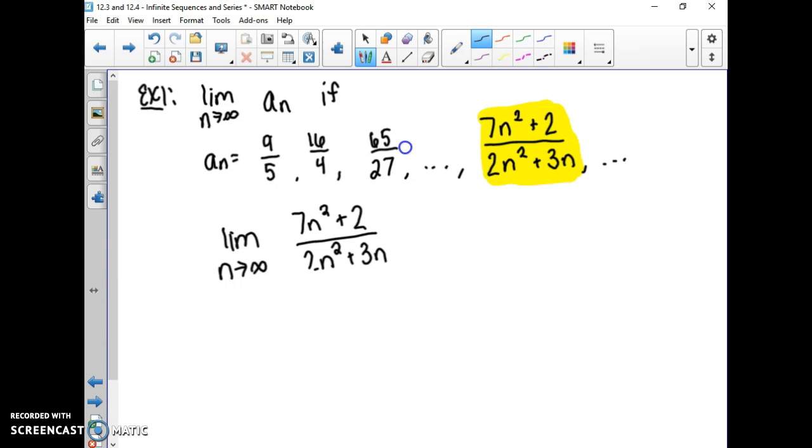So what it's asking for is really for you to find the limit as n approaches infinity of 7n squared plus 2 over 2n squared plus 3n.